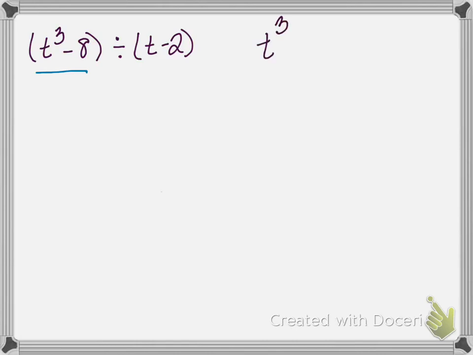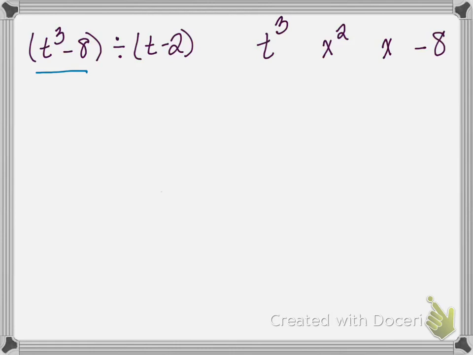I am missing an x squared. I am missing an x. Now, what can I put in front of that x squared and that x to not change the value? What can I put in front of that?